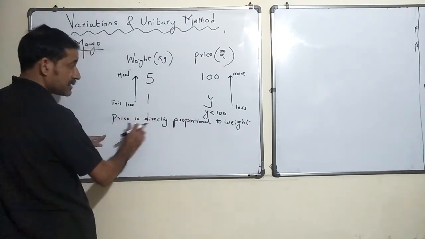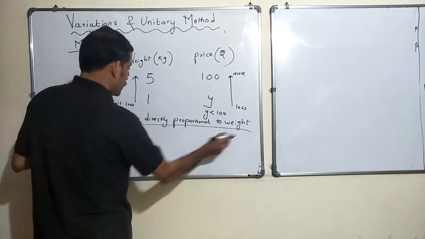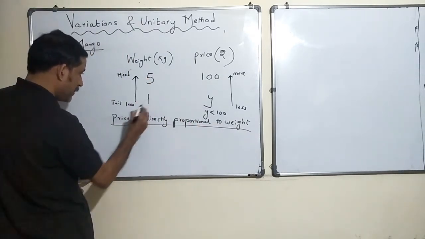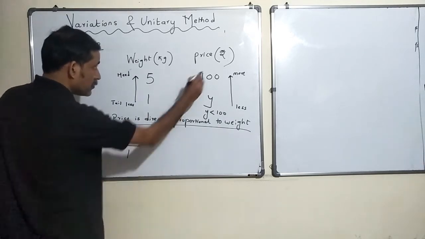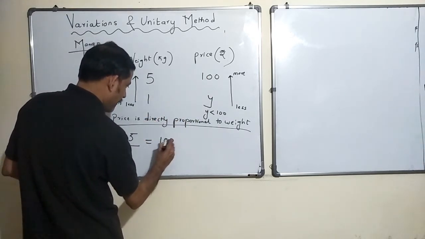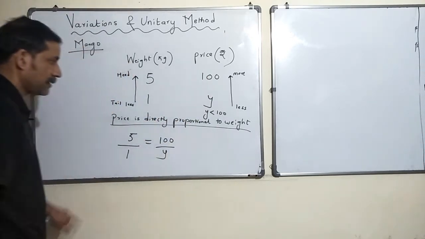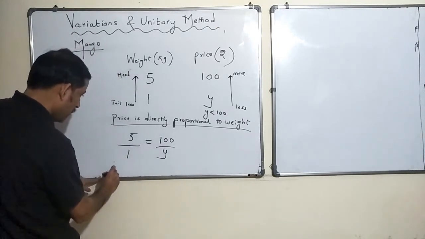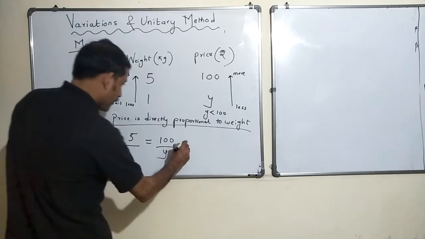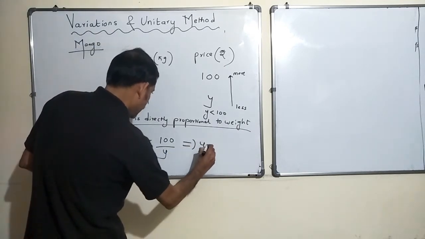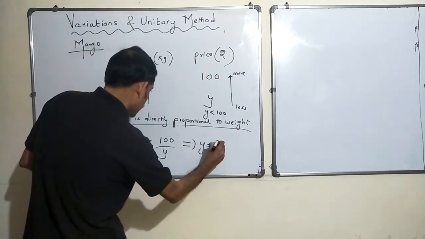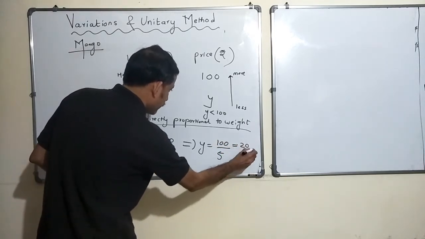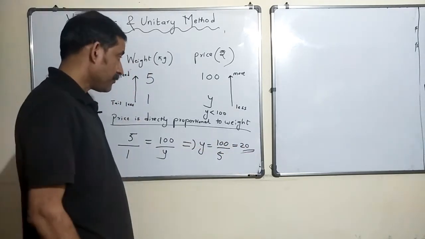So whenever one is directly proportional to another, the ratio would be the same. Okay, this by this should be equal to this by this. Therefore, y is equal to 100 by 5, which is equal to 20, which anyway we found out by the unitary method, right?